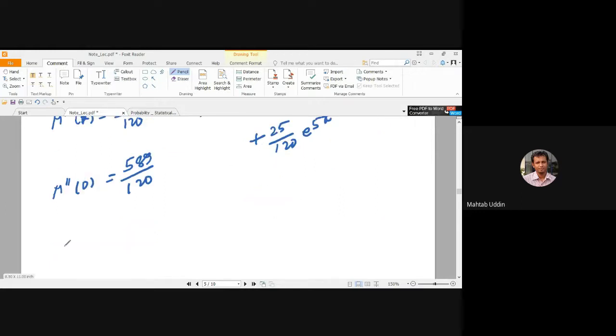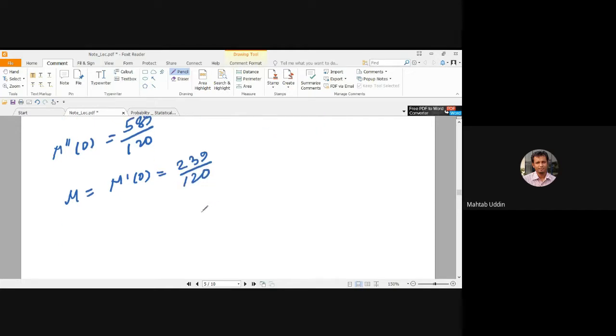Then mu equal to M'(0) is equal to 239 by 120, and variance equal to M''(0) minus the square of M'(0), that is 589 by 120 minus (239 by 120) squared.